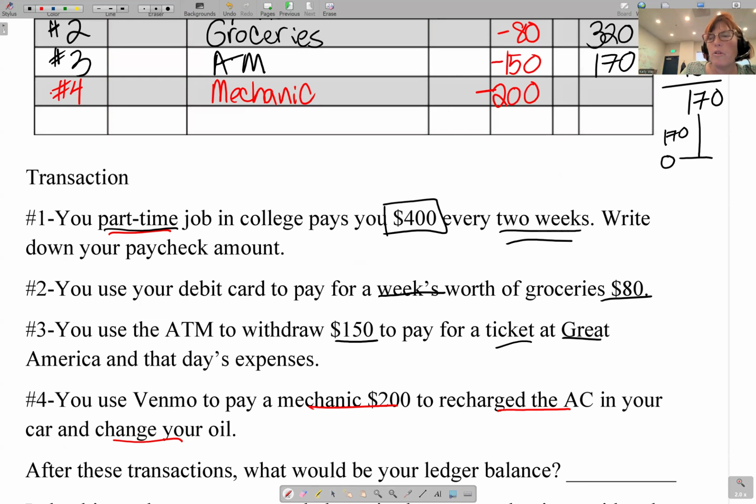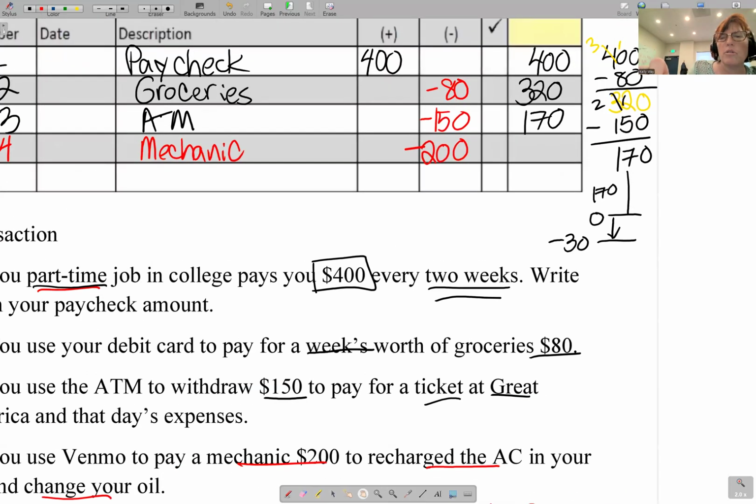And to get to 200, you have to go down 30 more. So we are now at negative $30, which means we owe the bank $30. We no longer have money in the bank. So after that withdrawal, we have negative $30.